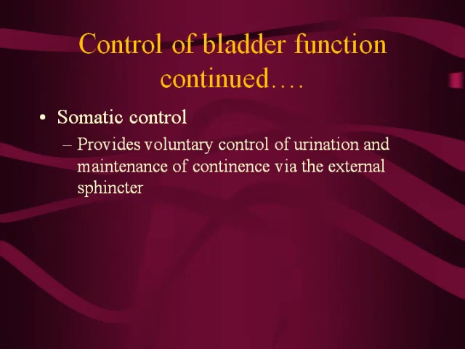The somatic nervous system is what gives us voluntary control of urination through that external sphincter, those strong muscle fibers. And this is why, when you go on long trips, you can say, okay, I kind of need to go to the bathroom, but I'm going to hold it. I can hold it, all right? And that's through the voluntary control of that external sphincter muscle.